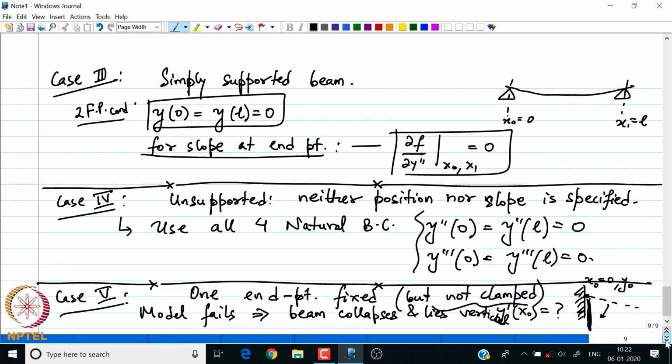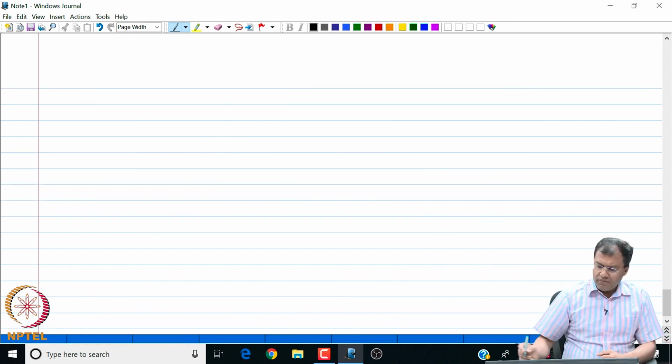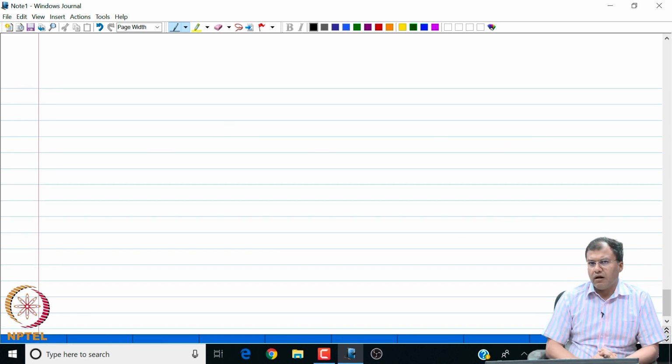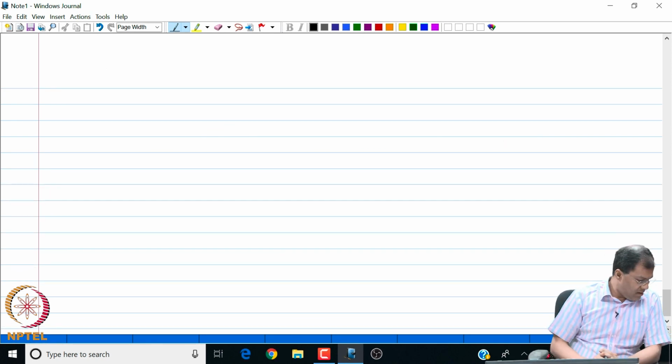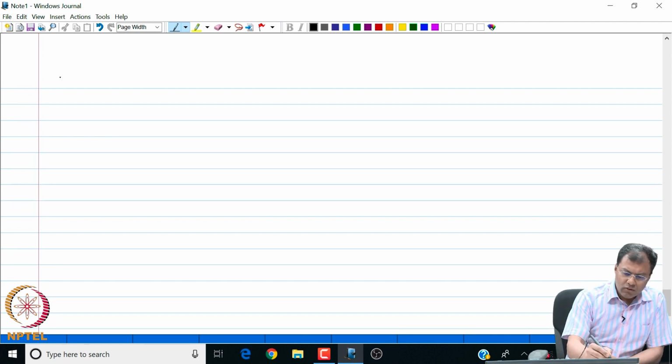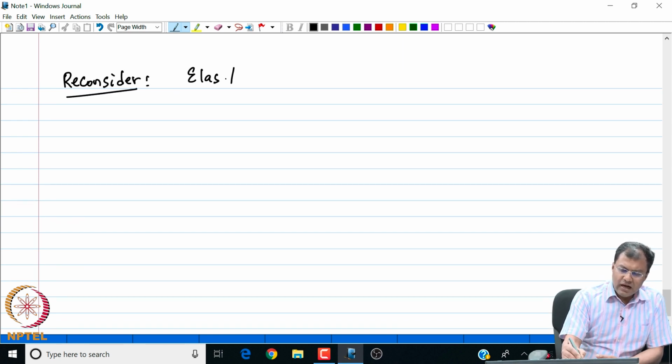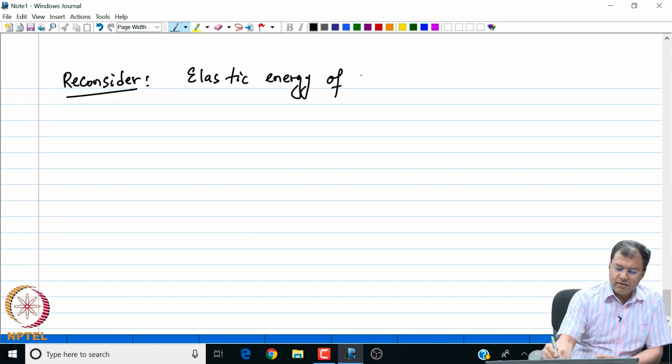Okay. So let us look at another example. To consider another example, we need to revisit our assumption on the elastic energy of the beam. So let us reconsider our beam example, and especially the elastic energy of the beam in our beam problem.